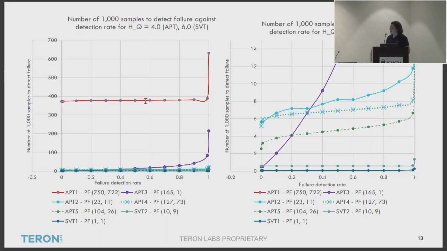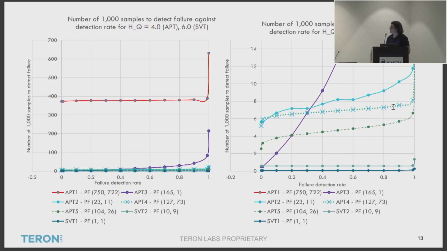So the red one is that hopeless APT that rejected nearly everything, good or bad. The purple one is the APT chosen according to NIST's parameters. So it's second worst. The solid line here in sort of blue or aqua is the other 512 window size APT. It's doing a lot better.